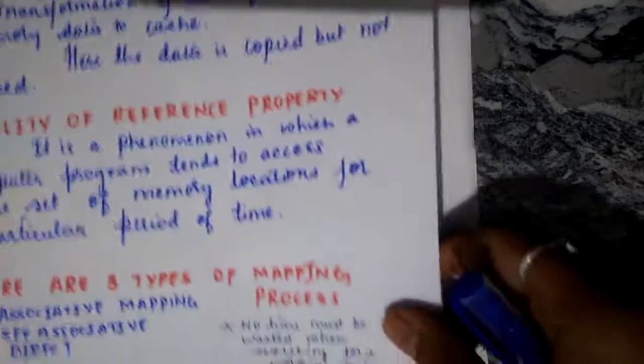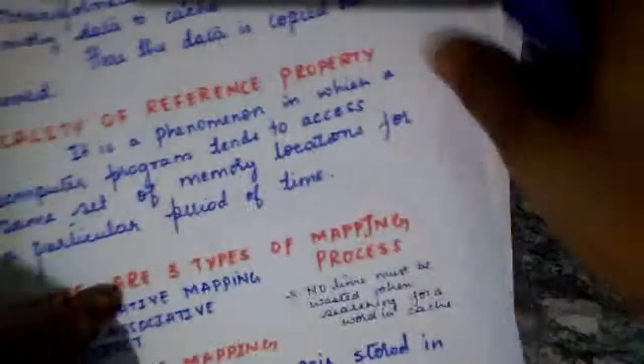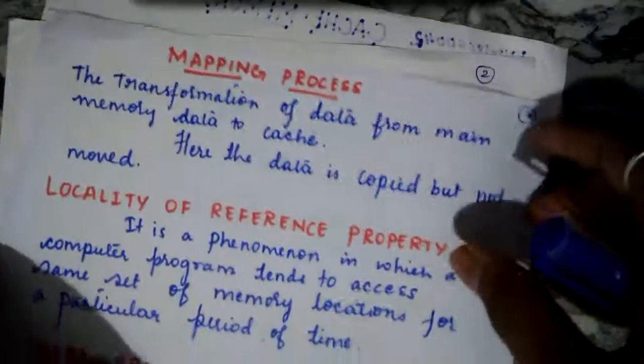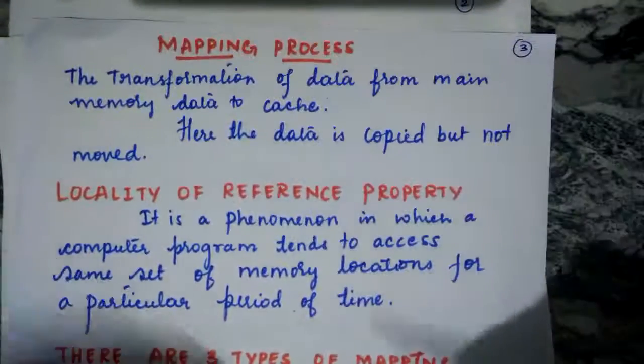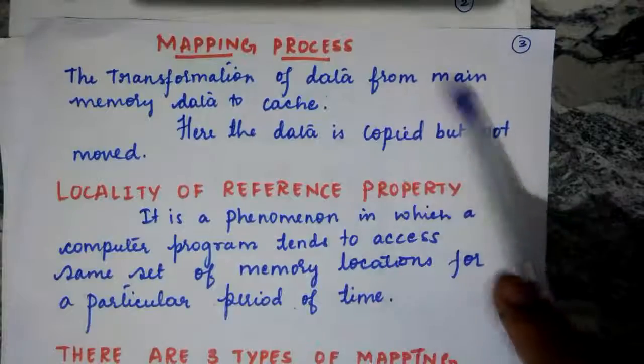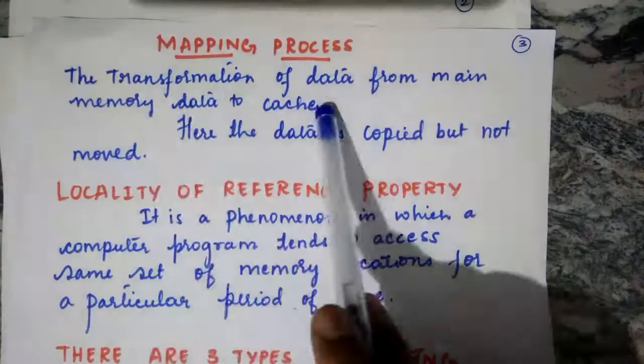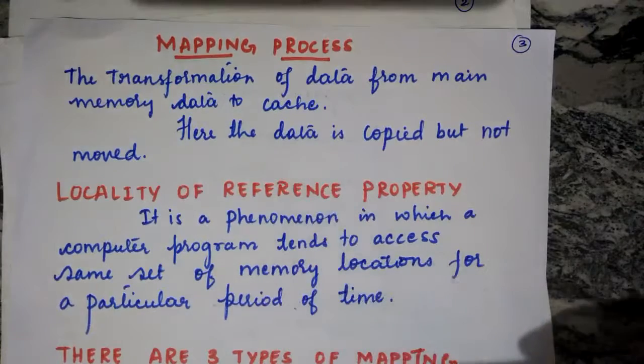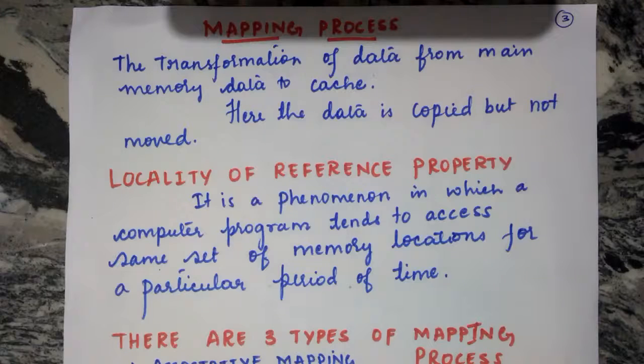Now coming to the mapping process. The transformation of the data from main memory to the cache is known as the mapping process.